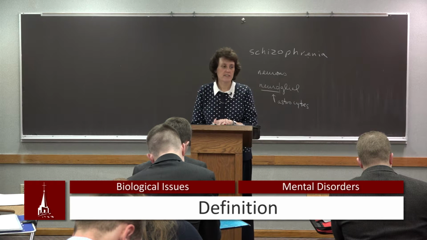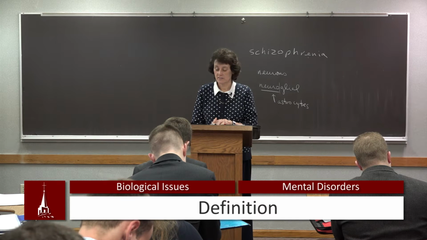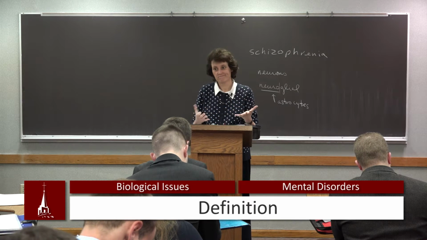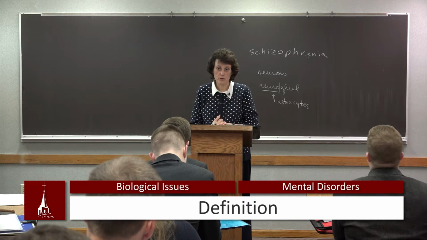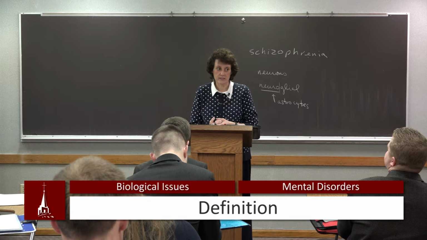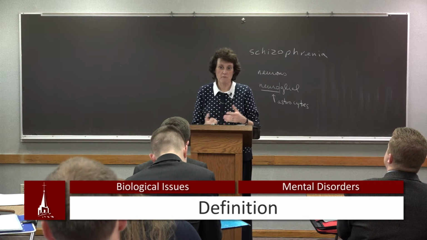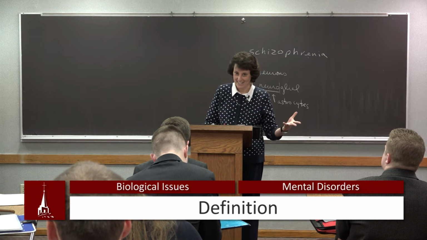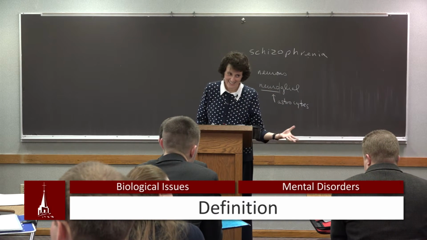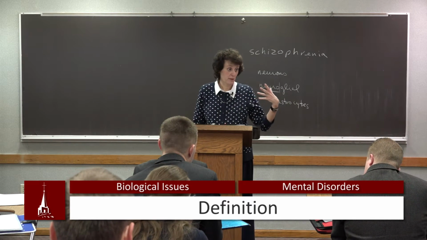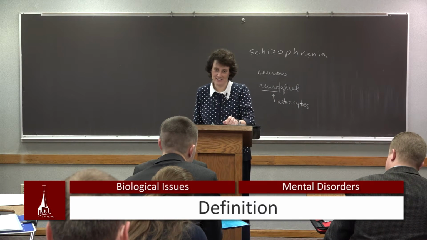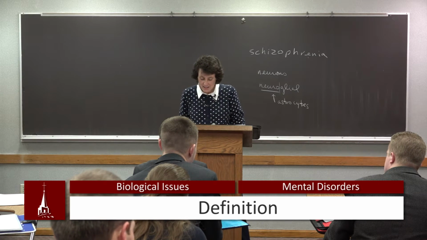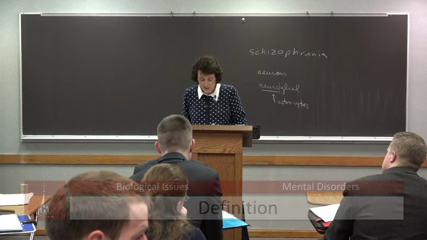What is the population of the United States right now? 300 million? Okay, so this is a fifth, 20%. I don't know if this is high or not. This also includes ADHD, ADD, obsessive compulsive disorder, panic disorders, all kinds of things. Okay, so that's the introduction.